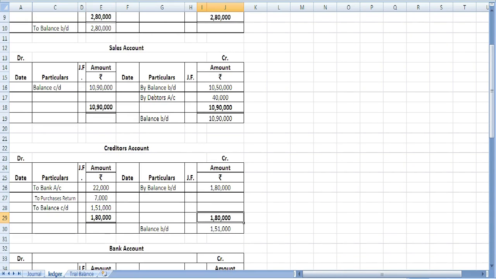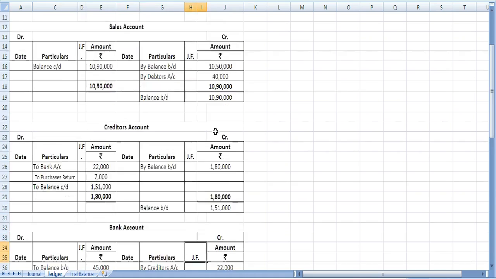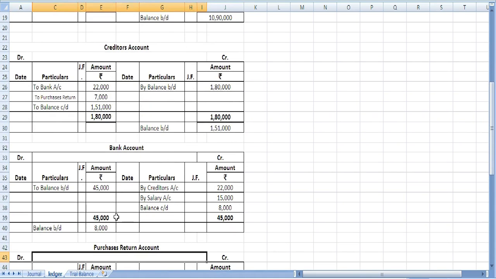So this is how you have to post into the ledger, and then we have to keep on balancing. This side was 45,000, and then these two we posted, and it came to 37,000, so the difference was coming to 8,000. So this became the balance CD.